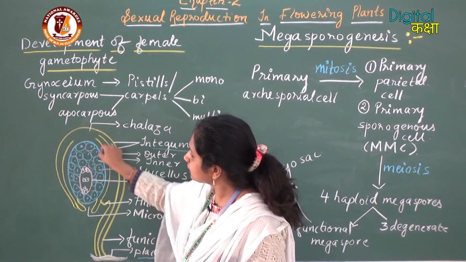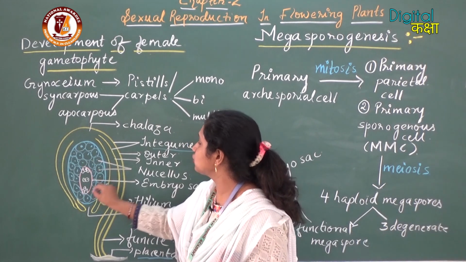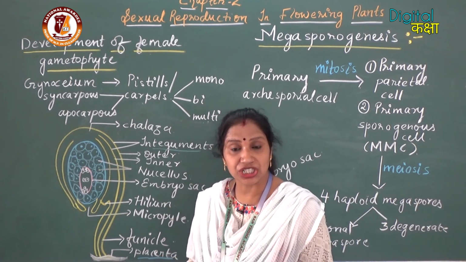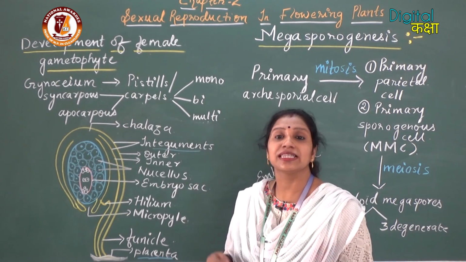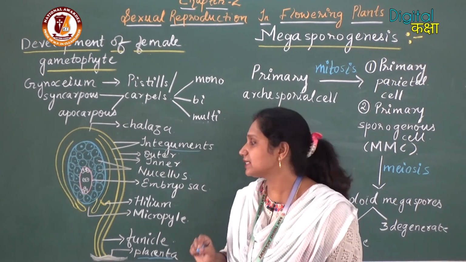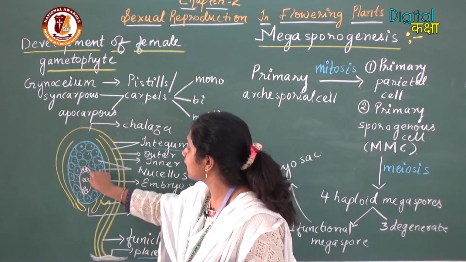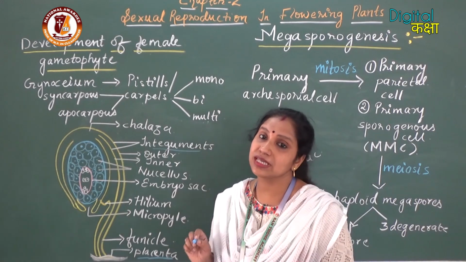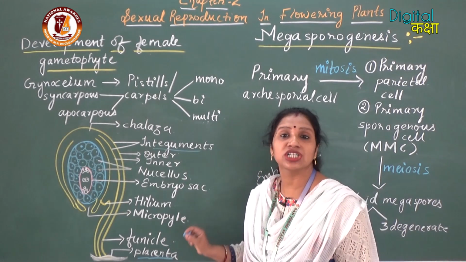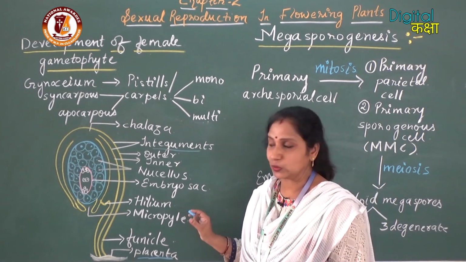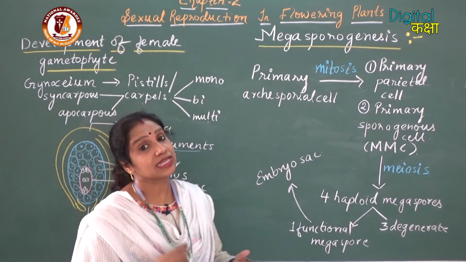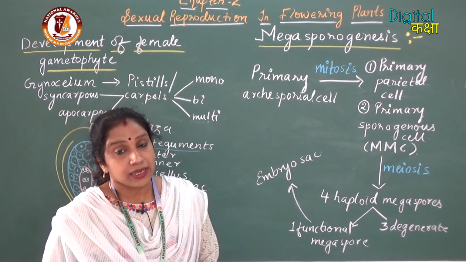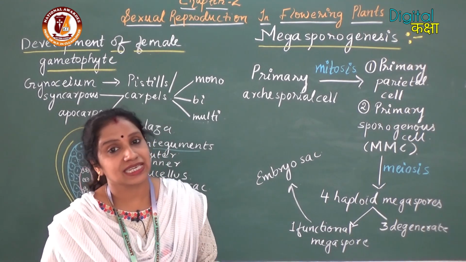Now, inner to the integuments, the central region is called the nucellus. The nucellus cells provide nutrition, and one of the nucellus cells acts as the megaspore mother cell. Now, in the central region you can see the embryo sac, and inside the embryo sac the female gamete is present. So, this was the structure of the anatropous ovule. Now, we will move to the next topic, that is how the formation of the megaspore or the embryo sac takes place.